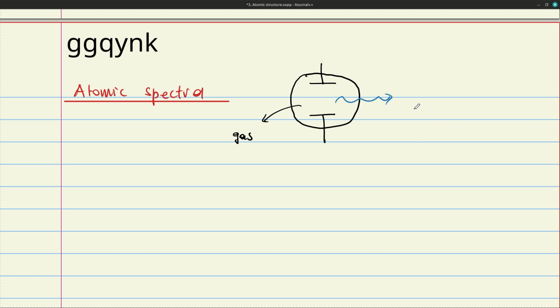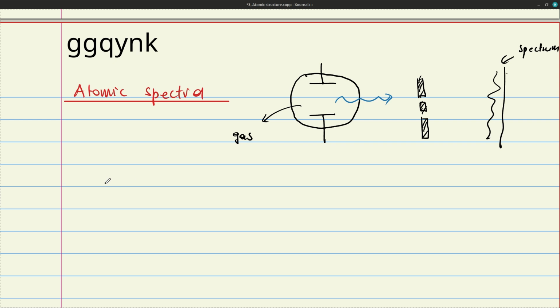And from here you can, for example, do the double slit experiment, and actually they don't do the double slit experiment. They use a so-called diffraction grating, which is kind of like a double slit experiment, and as a result they have some pattern, which is the spectrum.